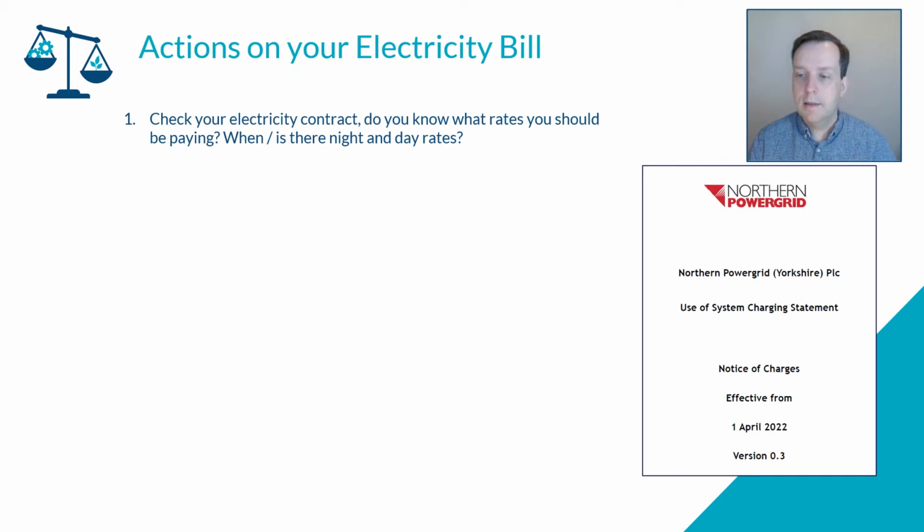A sidestep: there is a change to how those two systems are operating. DUoS and TUoS, the distribution and transmission charges, are changing to more capacity-based charging rather than use charging, because a lot of businesses have been managing their energy to avoid the triads by reducing consumption.